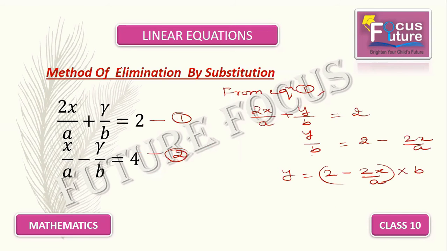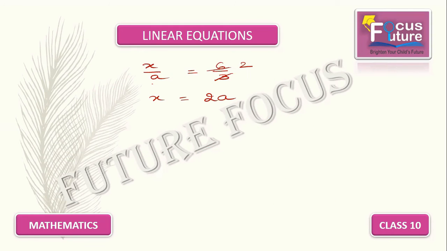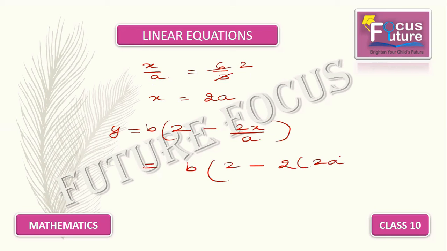Now you have to calculate the value of y. x is 2a and y is this. So let us put the value of y. y is equal to b into (2 minus 2x upon a). So y is equal to b into (2 minus 2 into 2a upon a). Put the value of x as 2a.